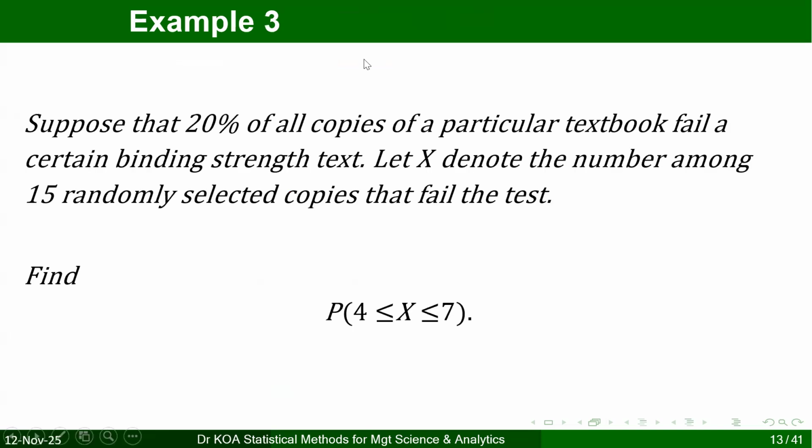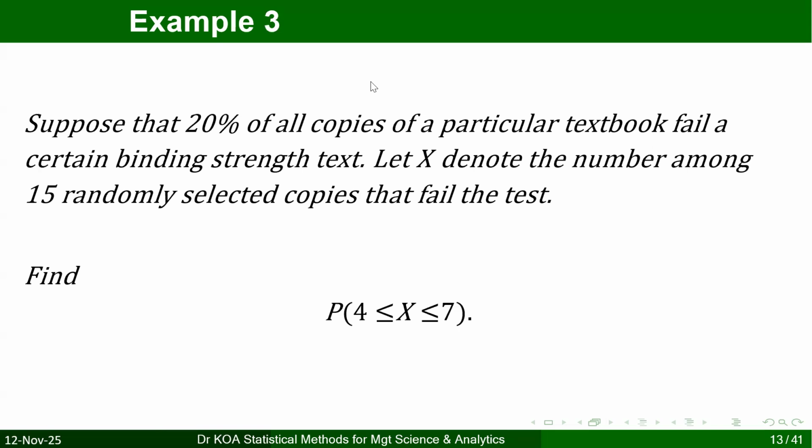Okay, let's go to the next one. The question is whether you want this one or we should continue. Suppose that 20% of all copies of a particular textbook fail a binding certain strength. Let X denote the number of blah, blah, blah, blah. Find, I think we've done this already. If you guys could remember, we've done this already.